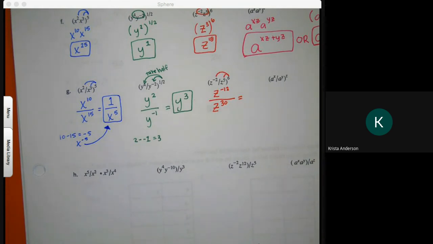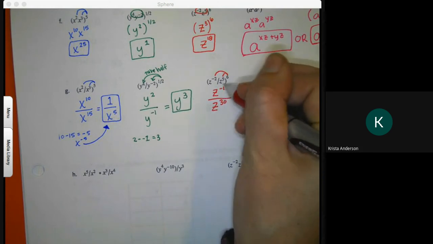Negative power, I would end up moving it down here, make it a positive, which would total up what, if it was a 30 and a 12 down there? 42. Let's check our work.